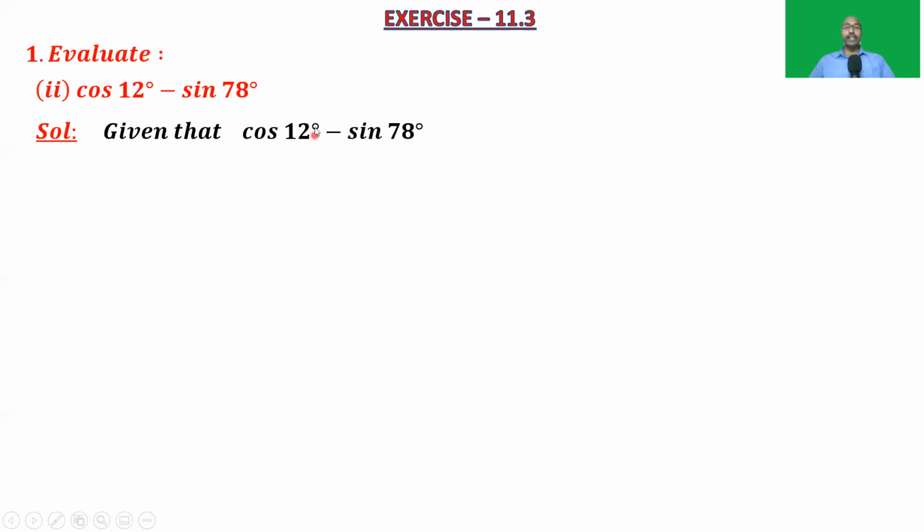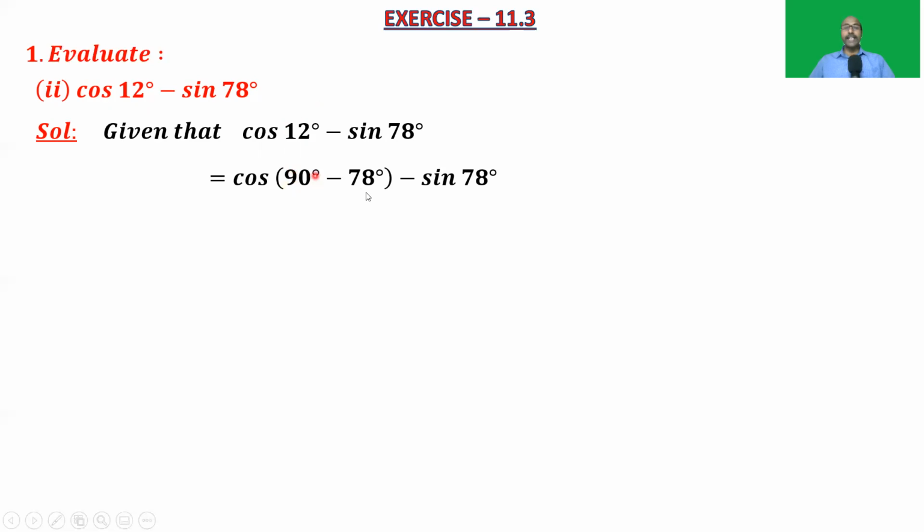But we can observe that 12 degrees and 78 degrees are complementary, because 78 plus 12 is equal to 90. So here also we have to change one angle as the sum of 90 degrees. So here I am changing 12 degrees like 90 degrees minus 78 degrees.